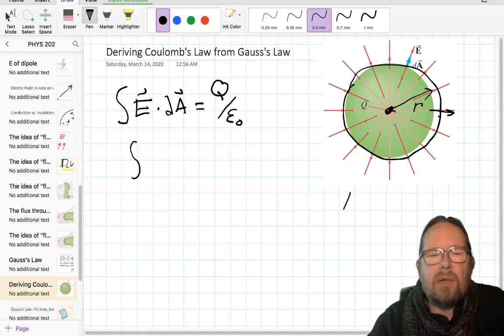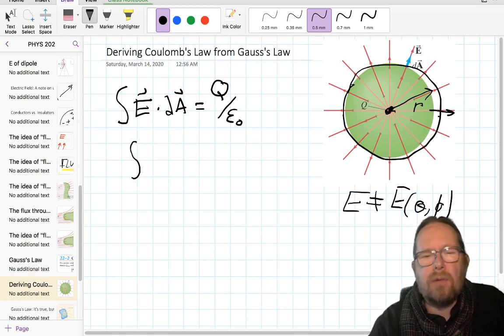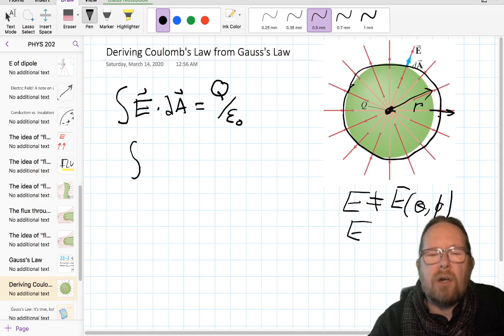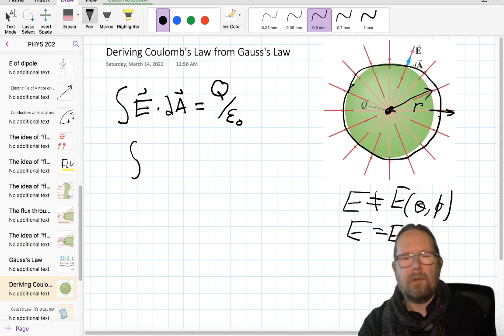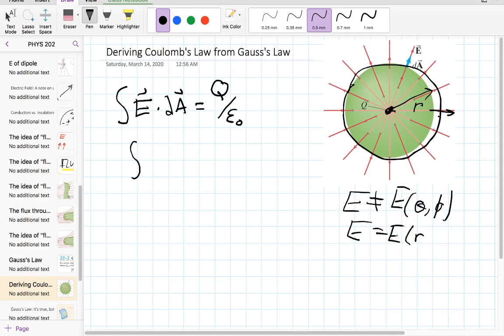So the electric field cannot be a function of theta or phi, the angles in spherical coordinates. The electric field is just a function of r. And if the electric field is just a function of r, that means it has to be constant everywhere on the surface of that sphere.